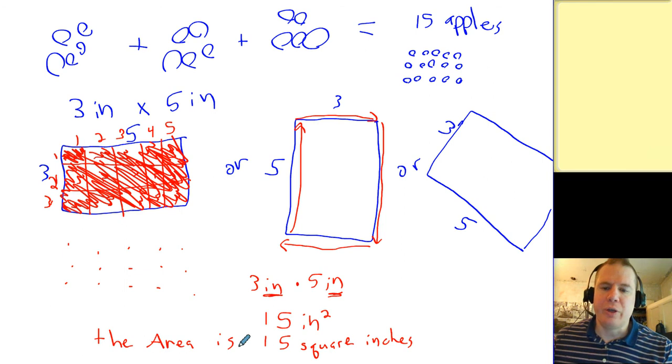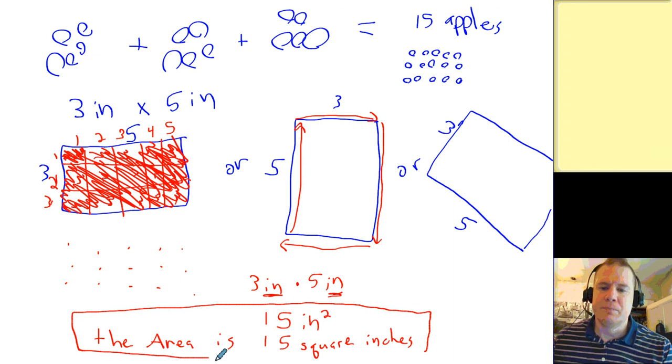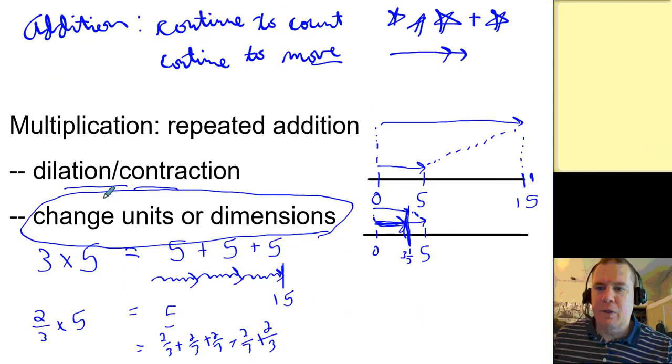So you can say the area is 15 square inches, whether we write it out in words or using the notation there. Okay? That's how we deal with change of units or dimensions. In this case, we went from 1 dimension length to 2 dimensions area.